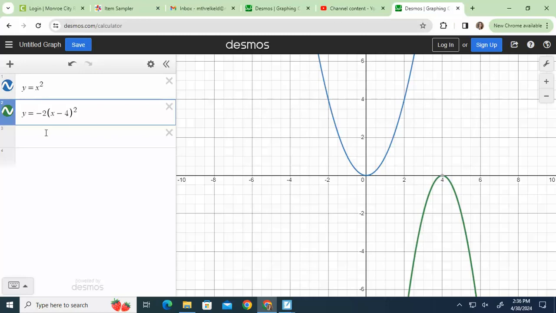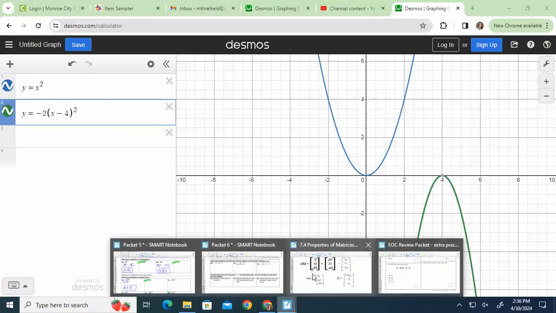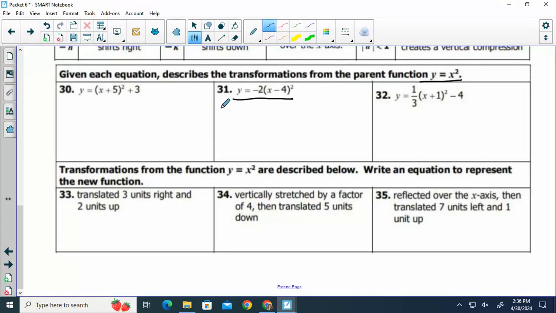Yeah, it made it thinner because it was a vertical stretch. So if I'm describing those transformations, it flipped or reflected over the x-axis. It went right 4. And it was a vertical stretch because it got skinnier. That's what the 2 did.